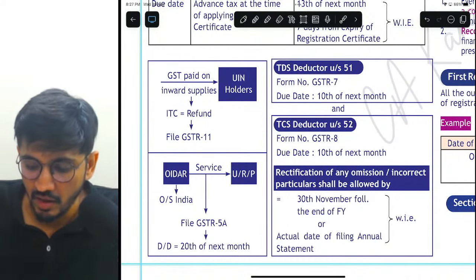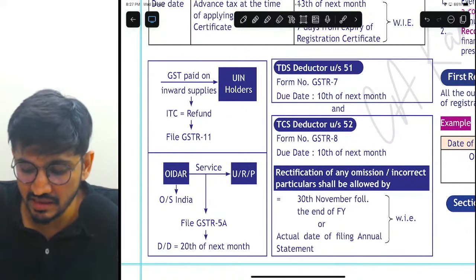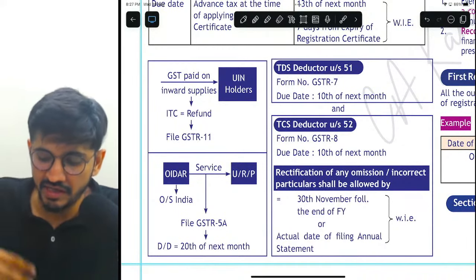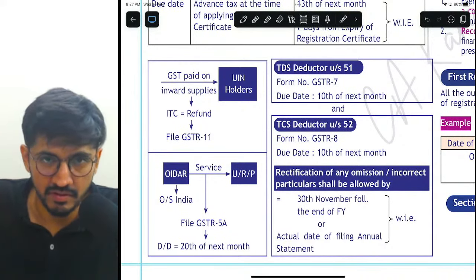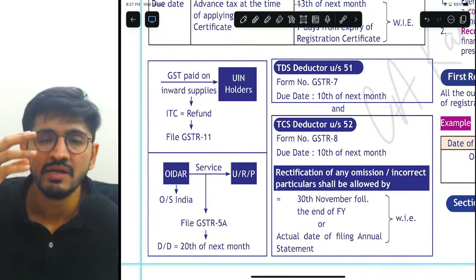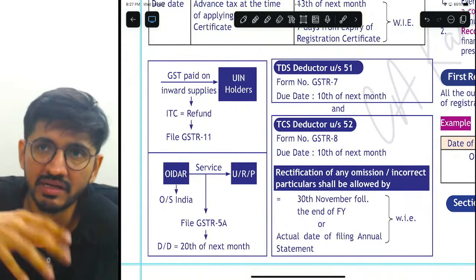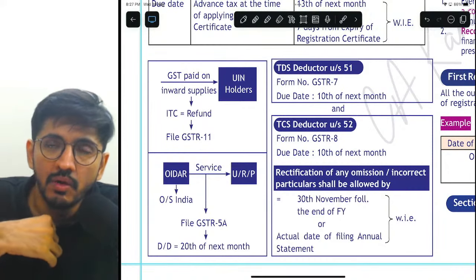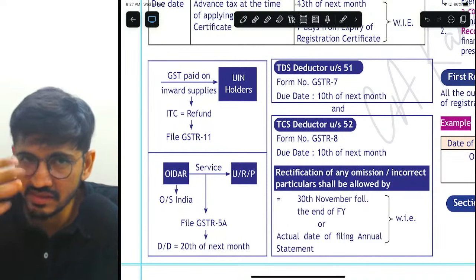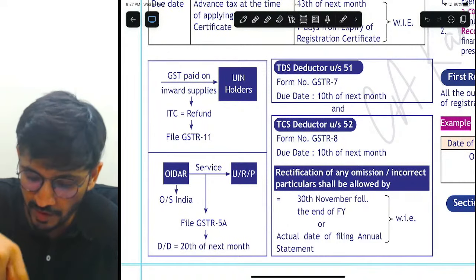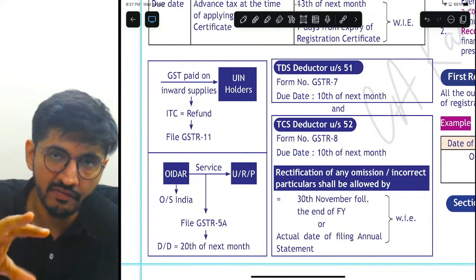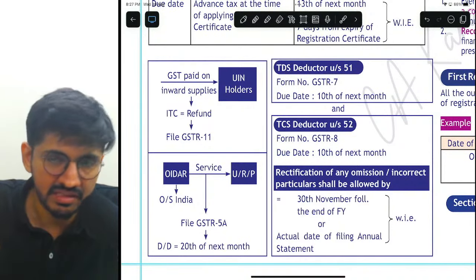But understand that in TCS, if you need to rectify any details, the due date is 30th November following the end of financial year, or the actual date of filing annual return, whichever is earlier. The best part about the amendment they've carried out is that most of the due dates are now the same, be it ITC, credit note, the rectification part of GSTR 1, 3B, or for that matter GSTR 8.